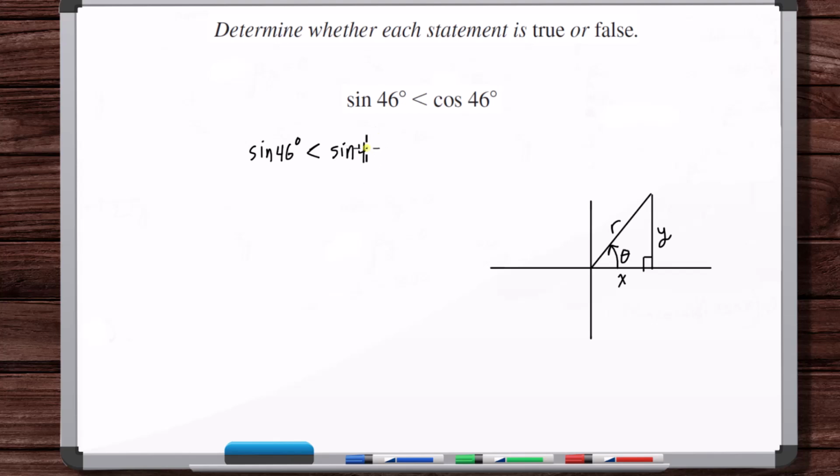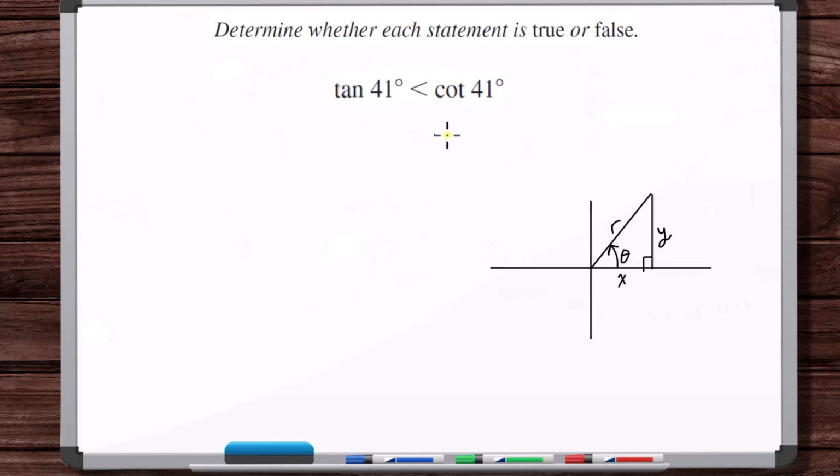That's 44. Or no, not less than, so no, false. As far as acute angles go, the greater the angle, the larger sine is going to be. So this is false. Sine of 46 would be greater than sine of 44, so that means that sine of 46 would be greater than cosine of 46.